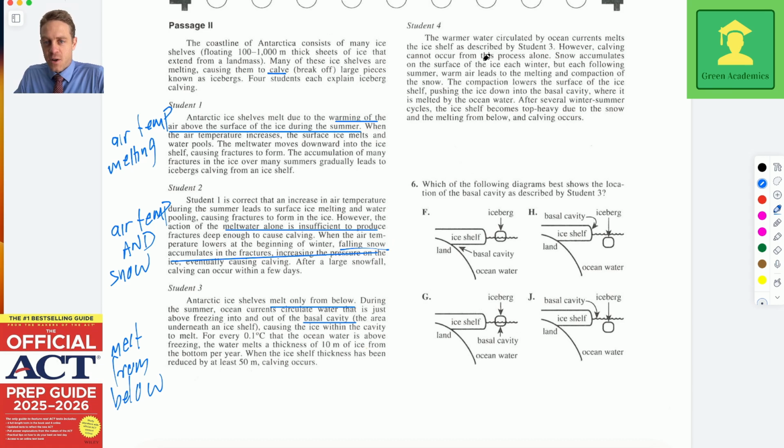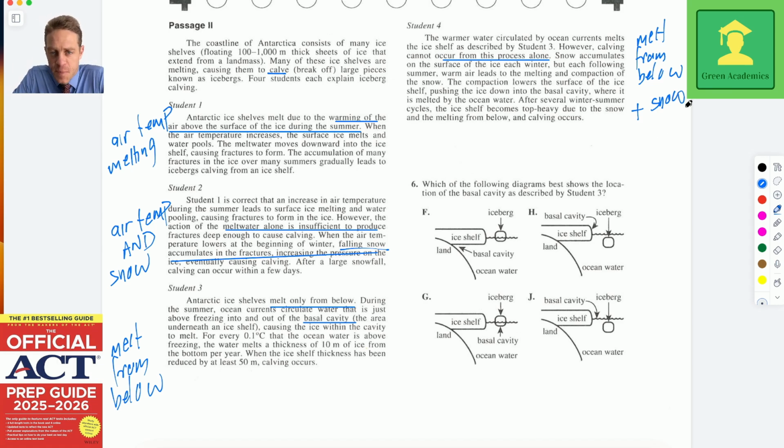However, calving cannot occur from this process alone. So it's melt from below and something else. Snow accumulates on the surface of the ice each winter, but each following summer, warm air leads to the melting and compaction of the snow. Compaction lowers the surface of the ice shelf. So this is plus snow. I'm just going to leave it as plus snow.